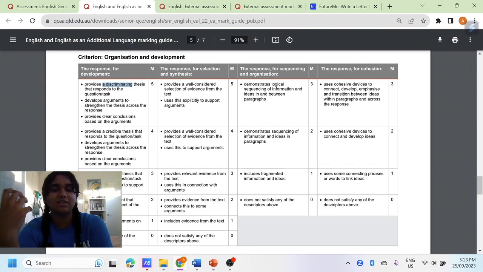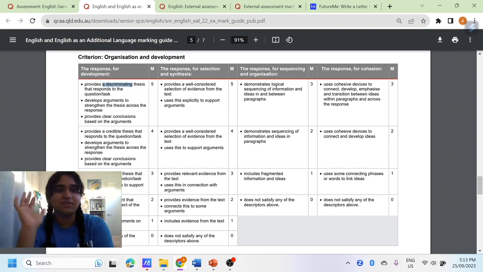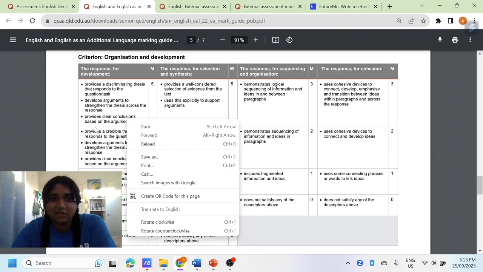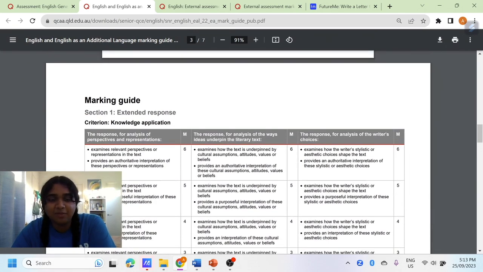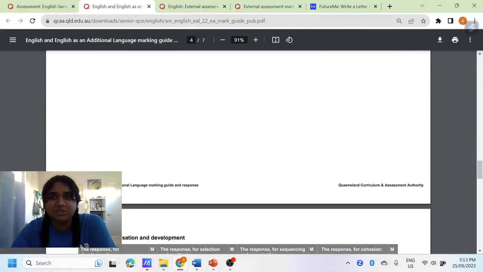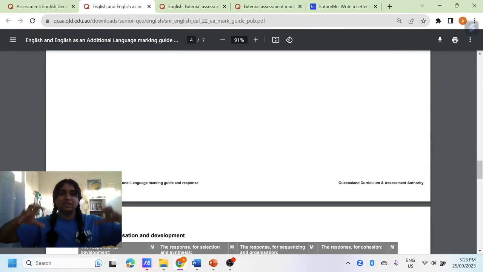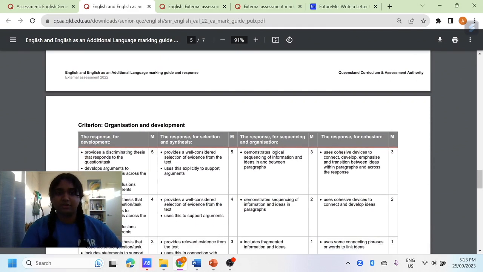It's somewhat like the level of analysis that you've done is high. That's what discriminating means. Then you've developed your arguments to strengthen the thesis across the response, and that your arguments have clear conclusions based on the arguments. So that relates back to this first criteria of having an authoritative interpretation. It just means that you are sticking to one thesis and proving it throughout the entire essay. That's incredibly important for you to do.